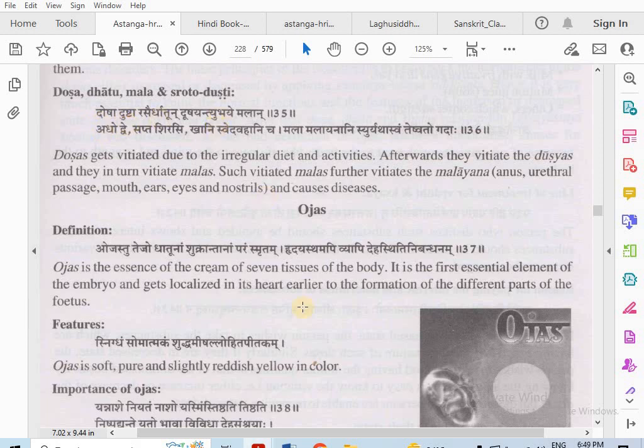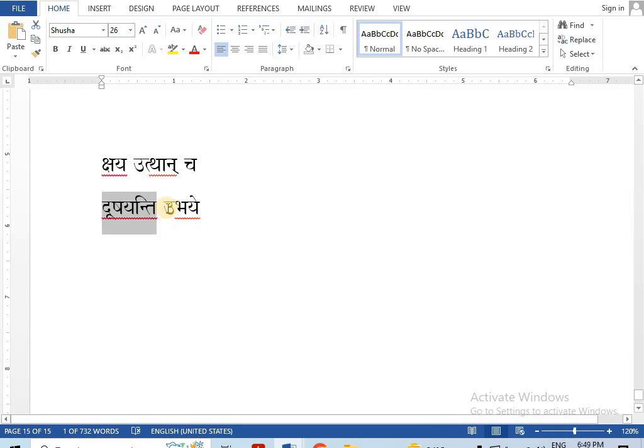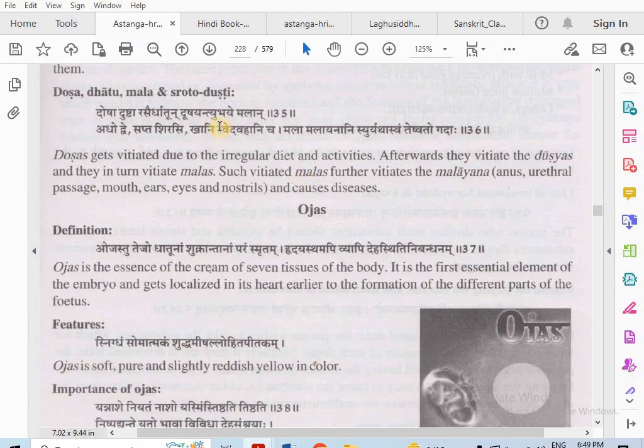So here you read the word ubhaya. I already disjoined it here. Ubhaya means both: doshas and dhatus both vitiate malan. So once the doshas and dhatus are vitiated, that actually spoils malan, meaning the waste product.